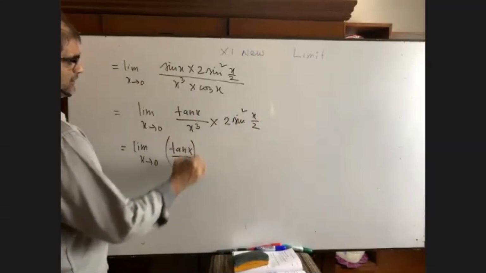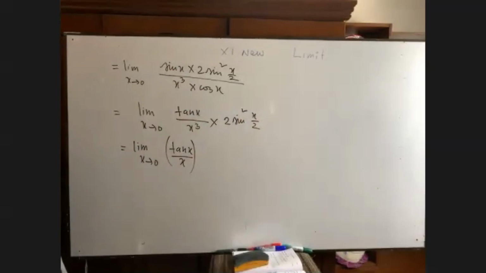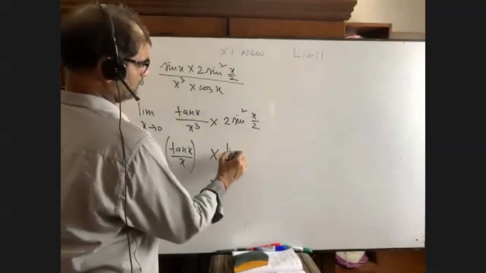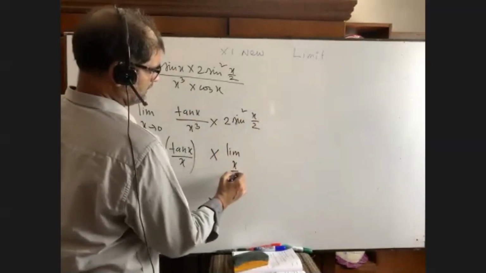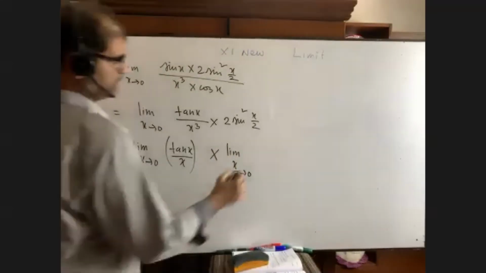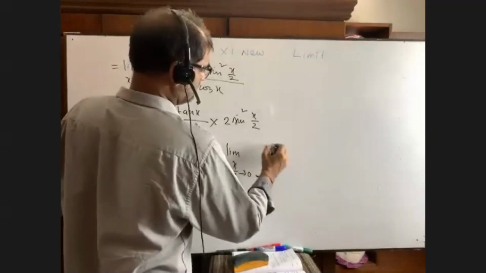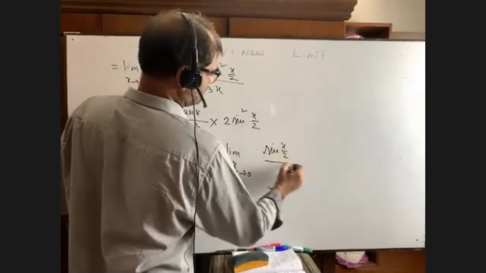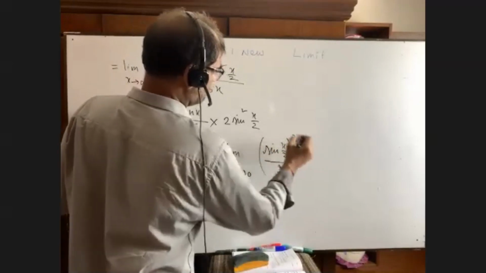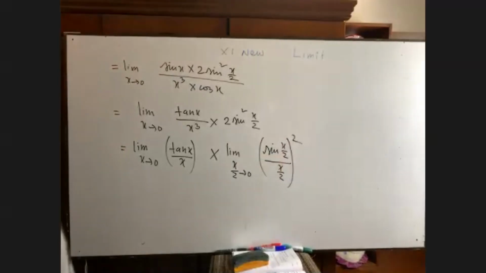We have got tan theta by theta. Am I right? Then into limit x by 2 tends to 0, here x by 2 is theta, sin theta by theta, whole square.